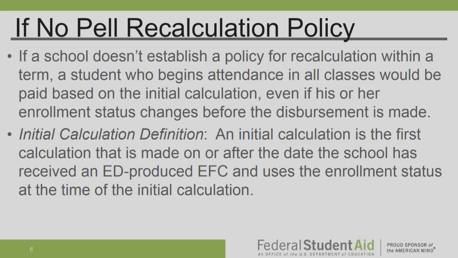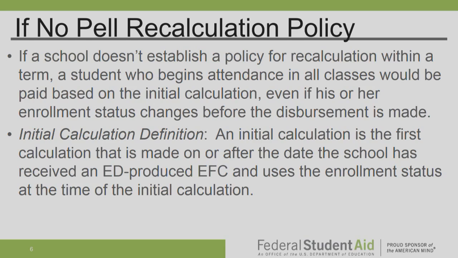According to me, in a nutshell, an initial calculation is the first calculation that is made on or after the date the school has received an ED-produced EFC, and it uses the enrollment status at the time of that initial calculation.